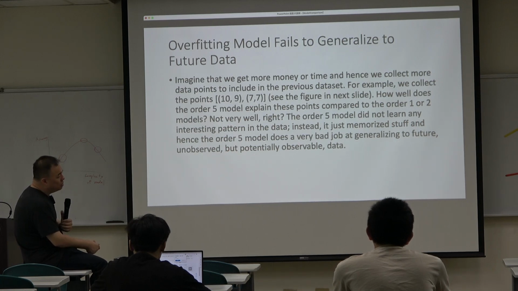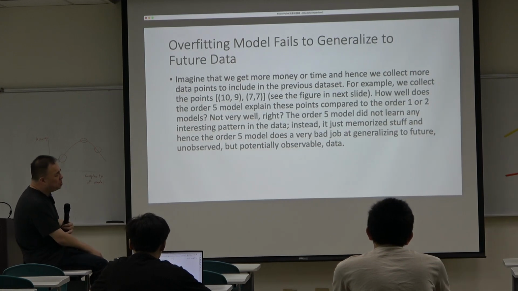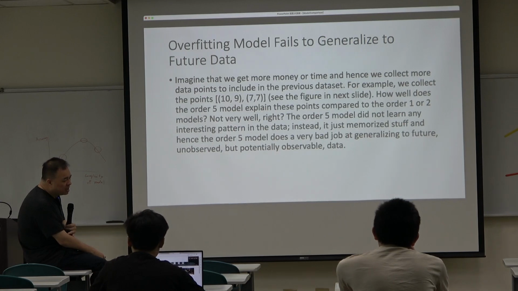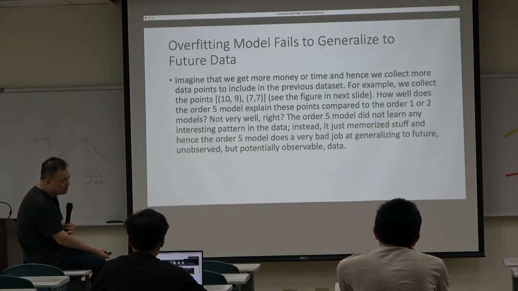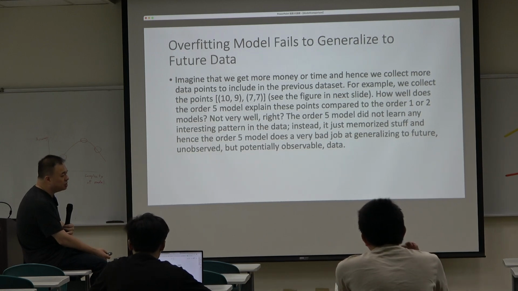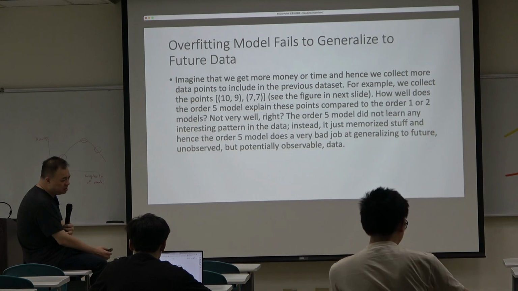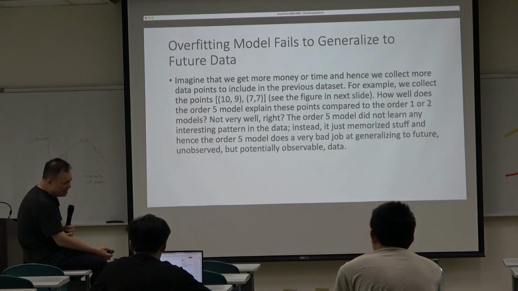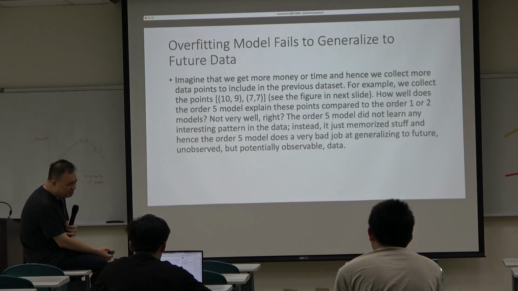Or put it another way, when you use this model for prediction, you are supposed to use something that will happen in the future to fit to your model. Obviously that future data will not appear in your training data.